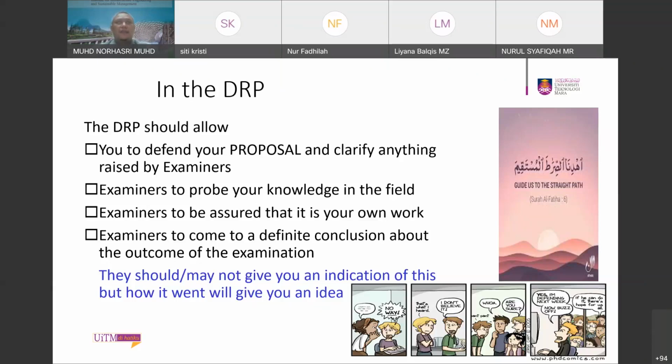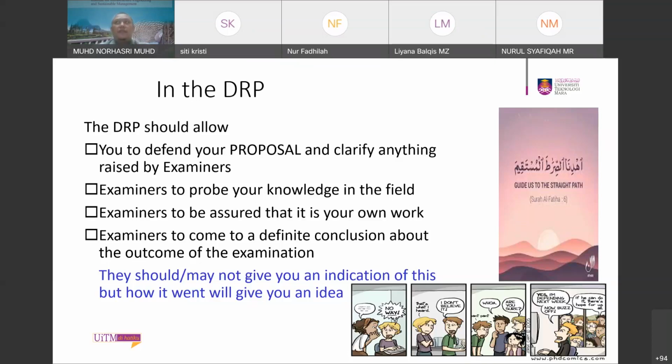Both are advantages and also disadvantages for you during the presentation. That's why, most of all, I always say to students, this is your work. You as a student know more compared to your panels or examiners. So prepare yourself for the presentation.